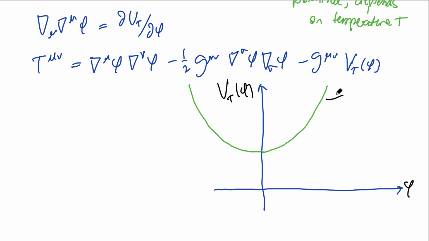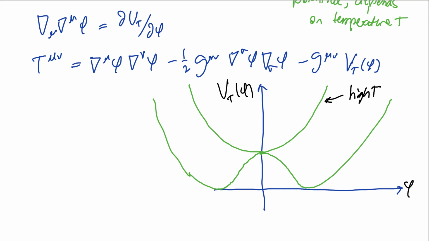So this is high temperature. And for low temperature, the curve looks something like this. So this is low temperature. And for intermediate temperatures, it looks something in between.